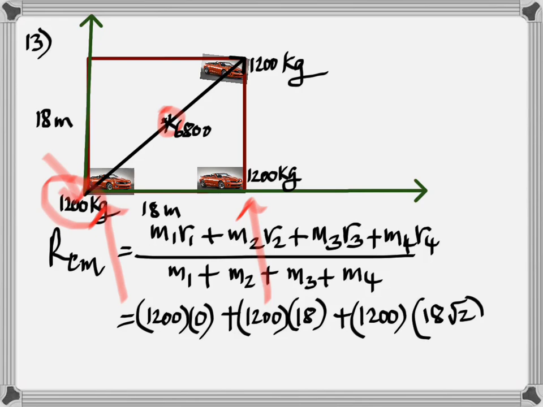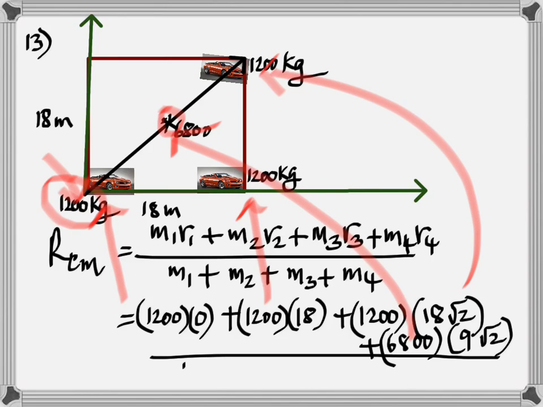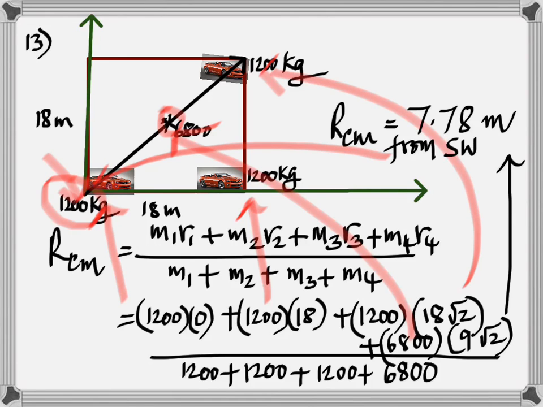Next one, 1200 times 18 root 2, which is that one, plus 6800 times 9 root 2 divided by the sum of all the masses. Comes out to be 7.78 meter from the southwest.